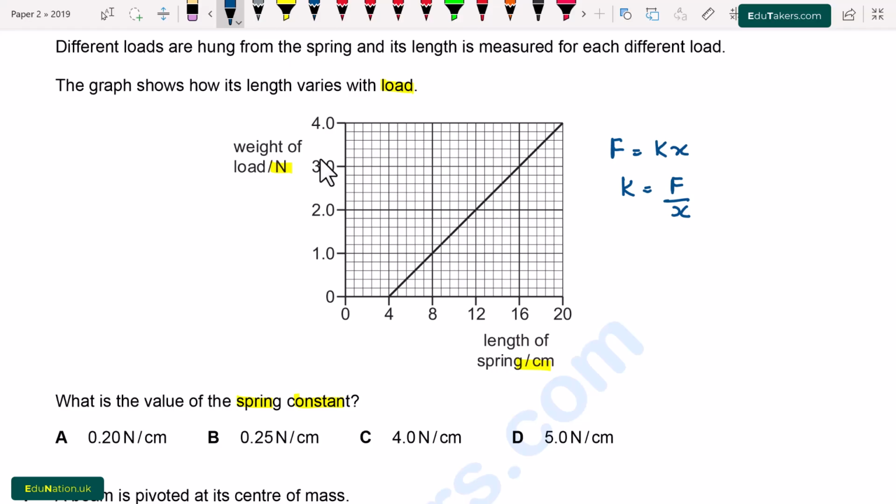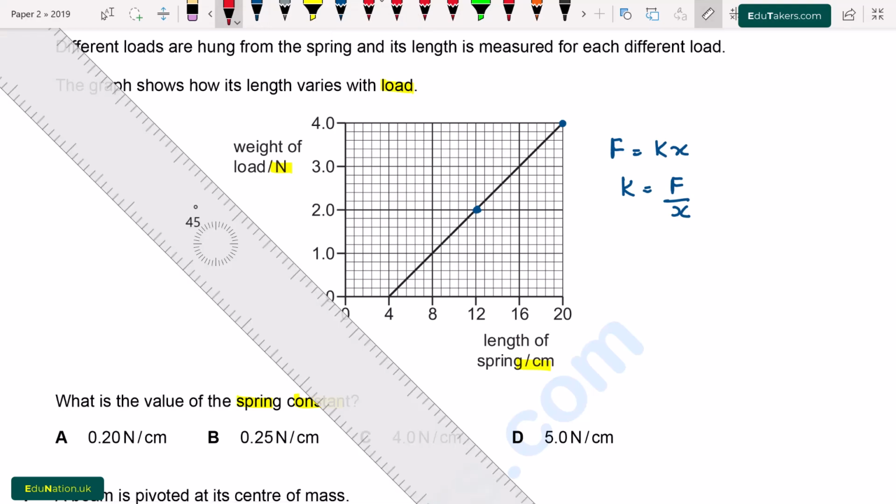So first of all I take this point and this point and join this point with the x-axis and y-axis to find out the respective values of the weight and length. I use a ruler.